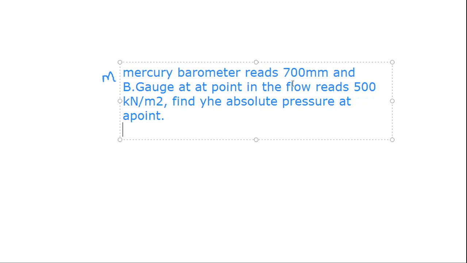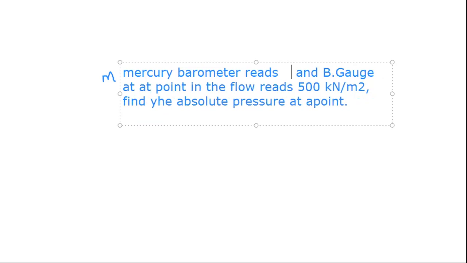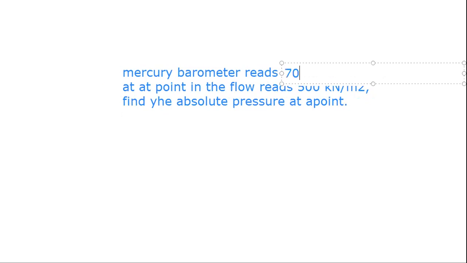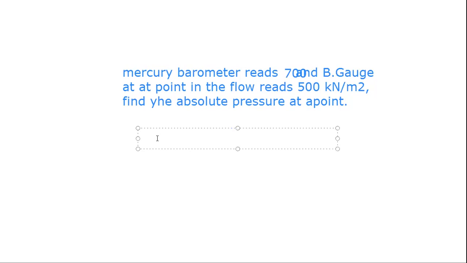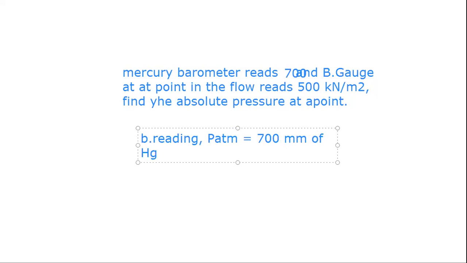Now what will the answer be? What is the barometric reading? P atmosphere is given as 700 mm of mercury, mm of Hg.